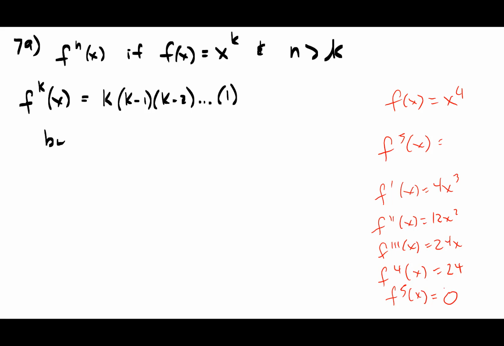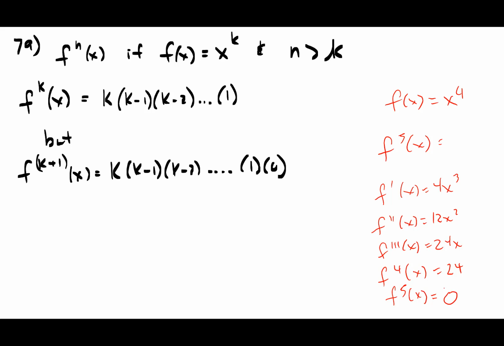If I go just one more, at k plus 1, which means I'm going to take one more derivative, the derivative is going to be 0, just like we did in our example.